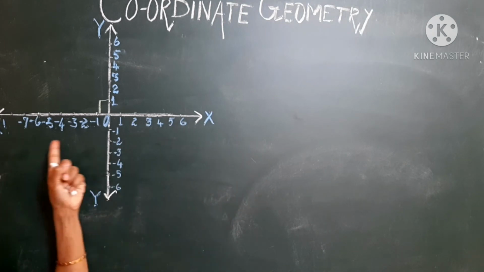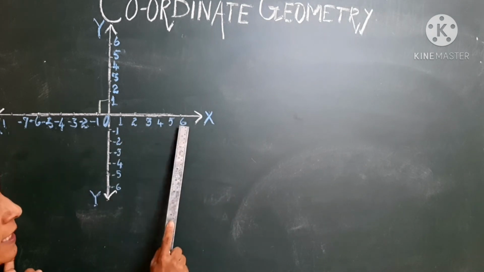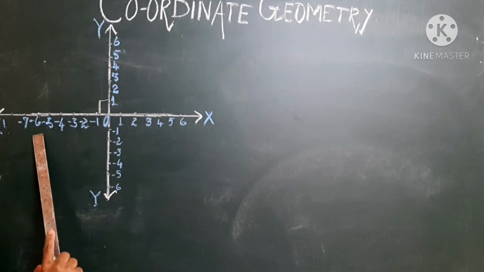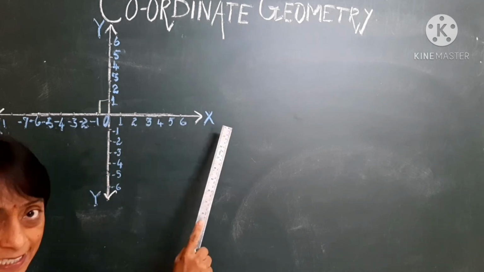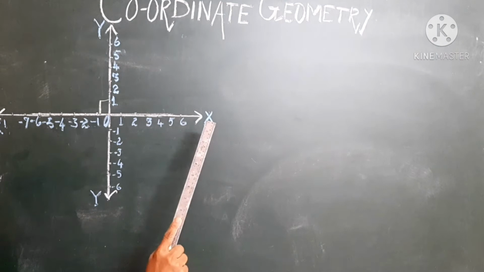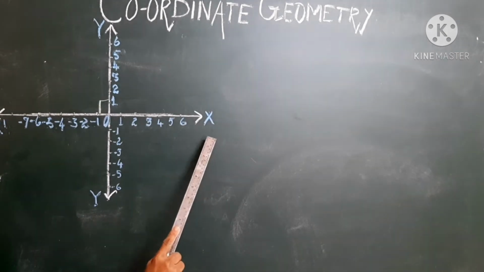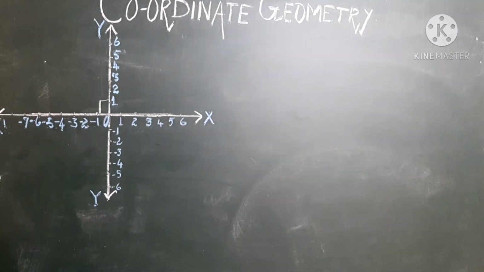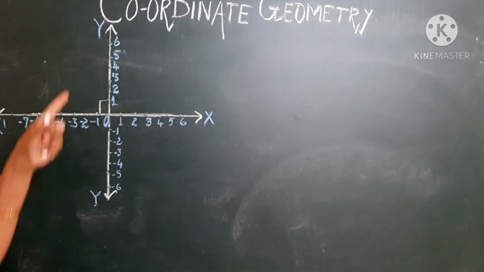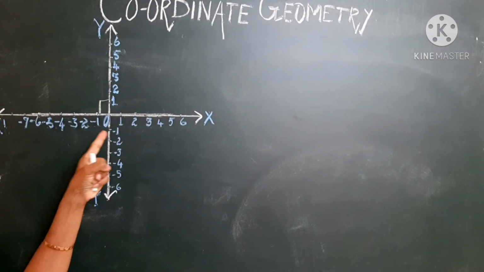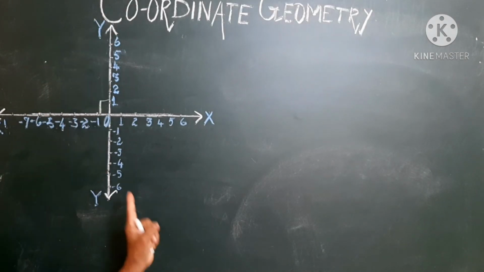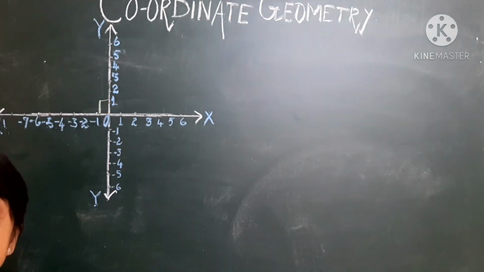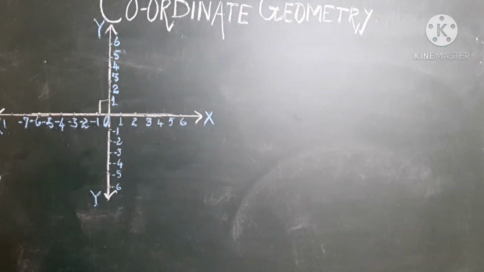The x coordinate, we know these are x coordinates. The numerical values of any point on x line, that is the x axis, is always called as the abscissa. The numerical values of any point on the vertical axis, that is the y-axis, is always called as the ordinate.